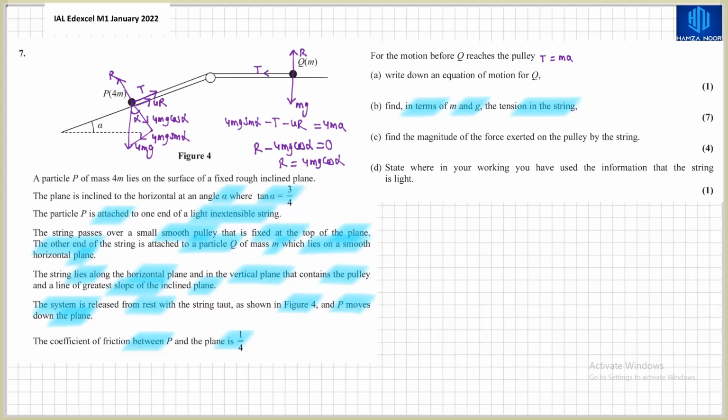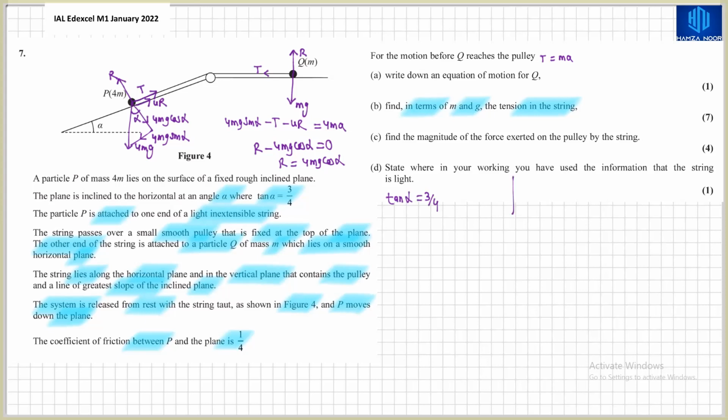So first of all, we are going to find the exact values of sin alpha and cos alpha. As we know, in the question it is given to us that tan alpha is equal to 3 over 4. So we are going to find the exact values of sin alpha and cos alpha respectively.